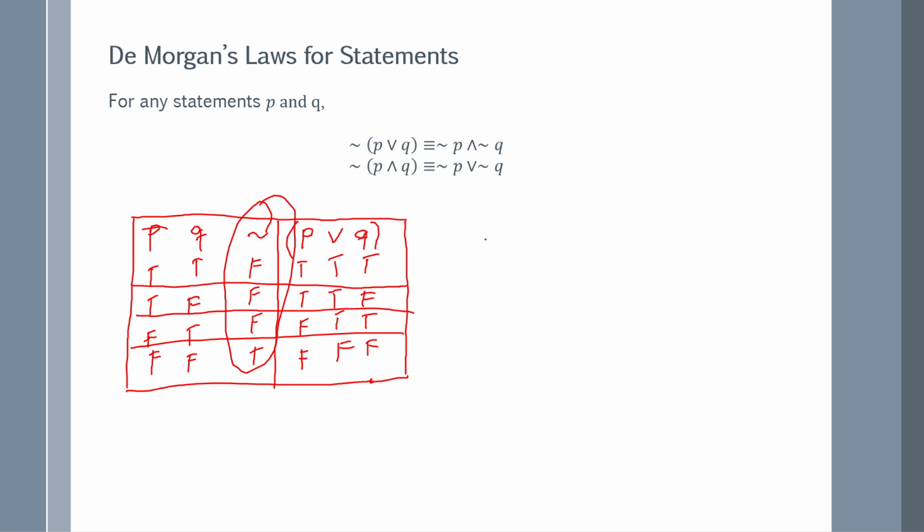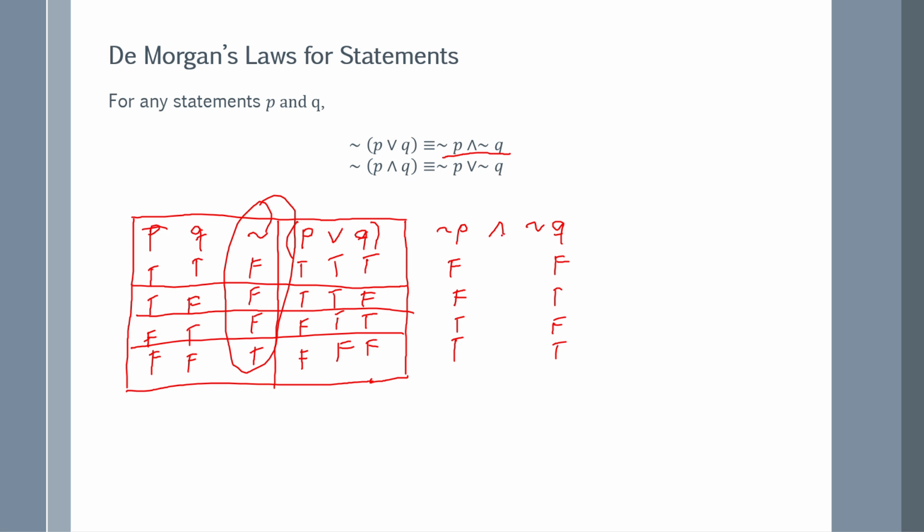If we're going to make another table to prove this, let's continue here. This is the negation of P and the negation of Q. The negation of P is false, false, true, and true, and the negation of Q is false, true, false, and true.